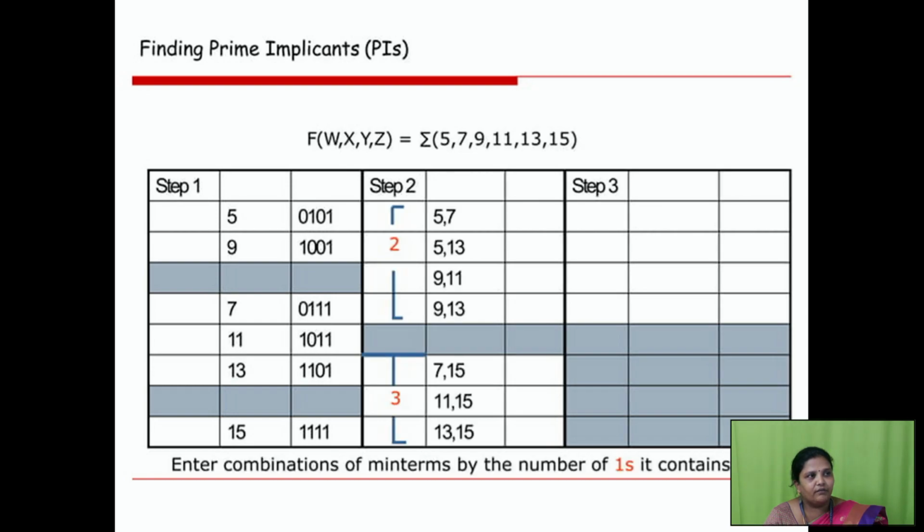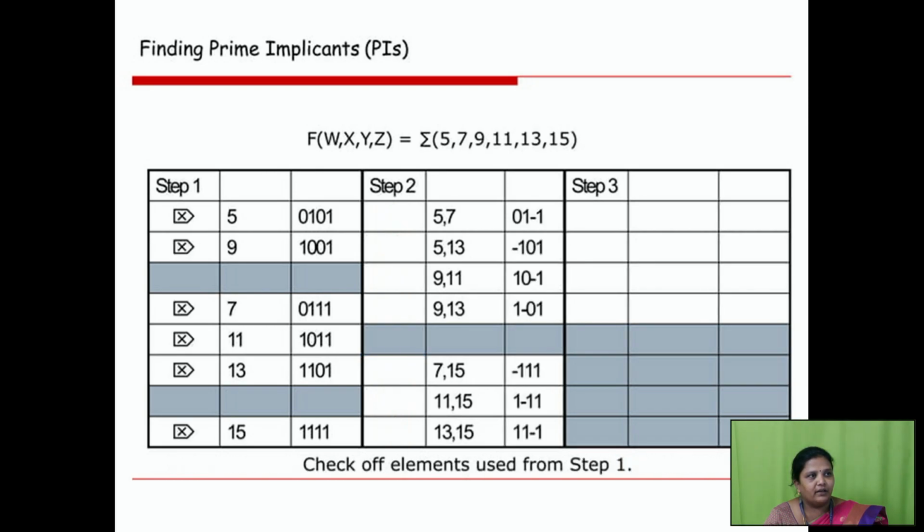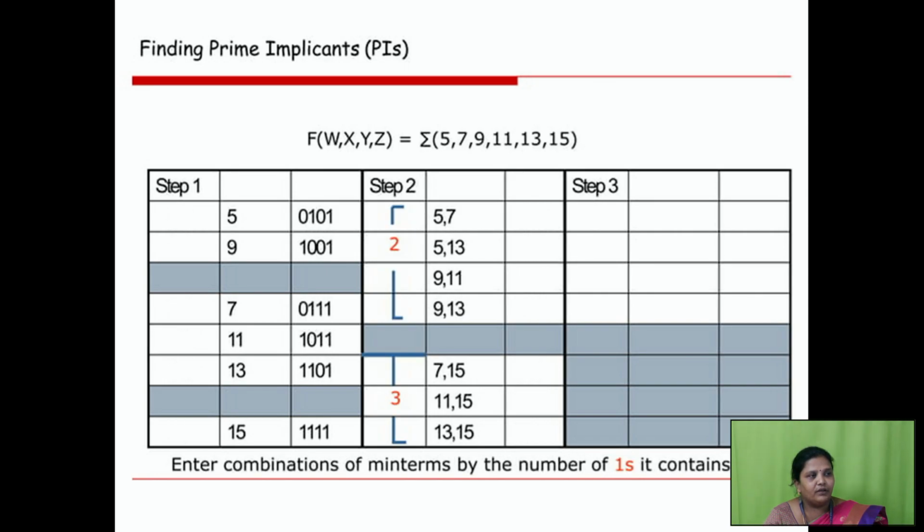Then next we have to compare. Next step, we compare 5 and 7. When comparing 5 and 7, the first position of 5 is 0 and of 7 is 0. The second position is 1 in both.